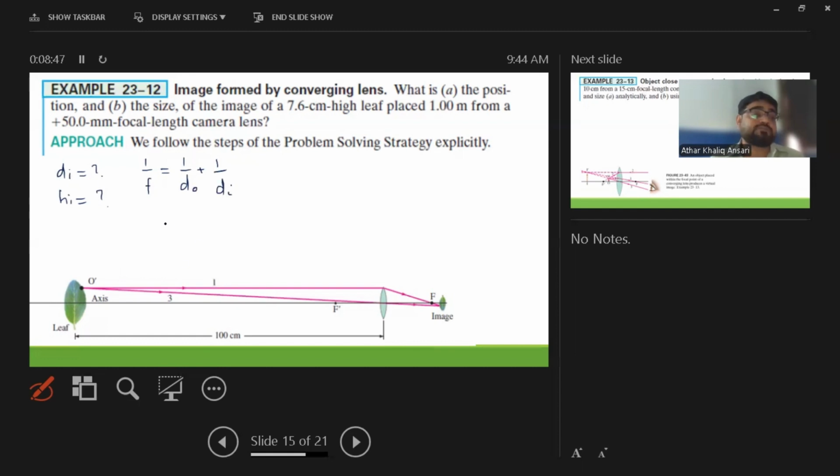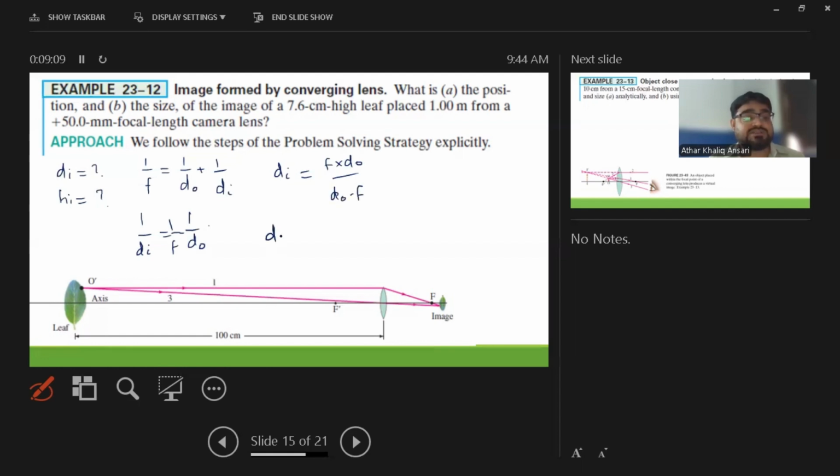Here I need di, so I just rearrange it: 1 over di is equal to 1 over f minus 1 over do. I can also simplify it as di is equal to f times do over do minus f.